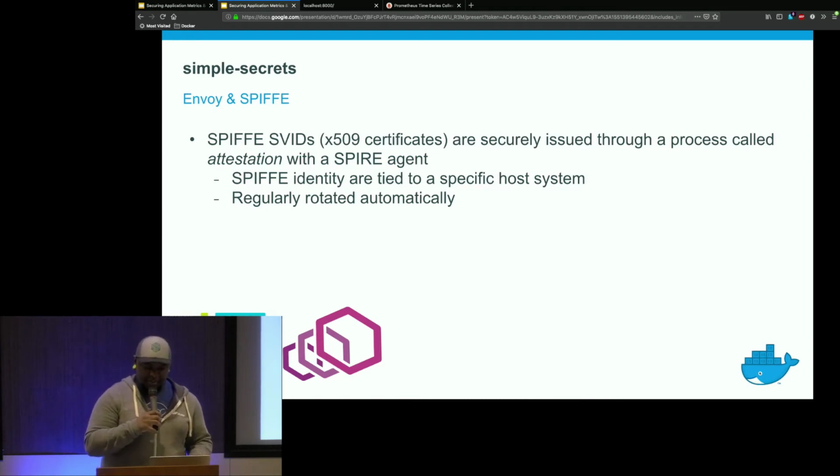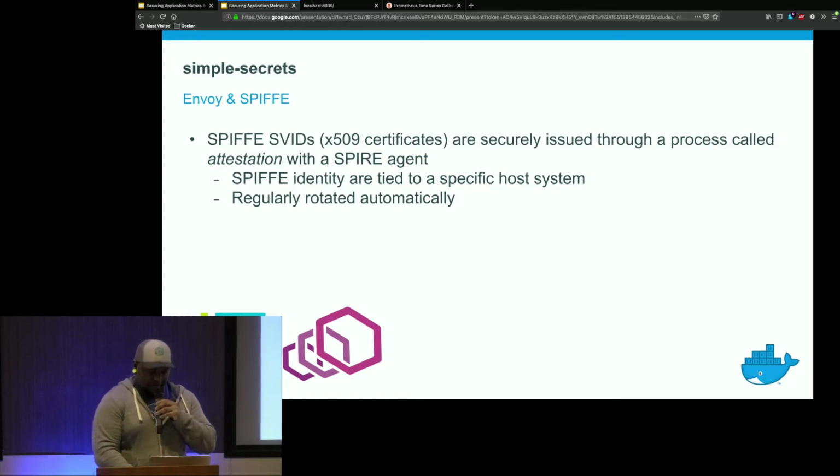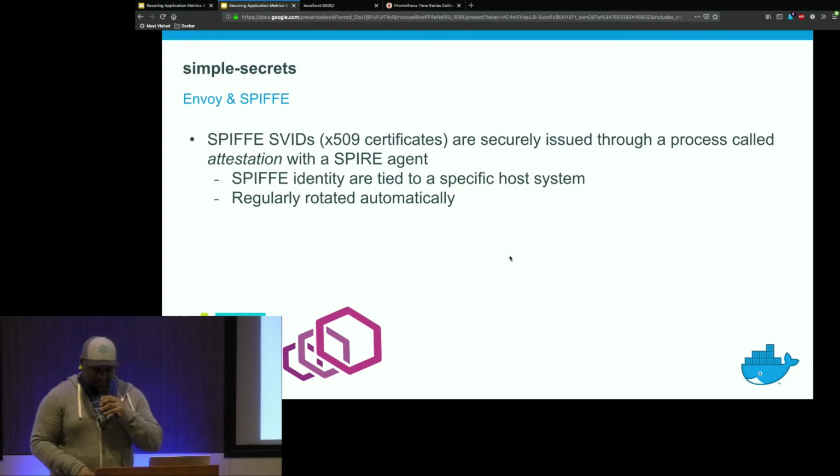If applications can spawn on any number of hosts that are spun up and down or scaled, you can't really use IP addresses to establish application identity anymore. And so these SPIFFE IDs are these X509 certificates, which is a pretty generic form of SSL TLS supported certificate that are securely issued through a process called attestation with the Spire agent. That's a mouthful.